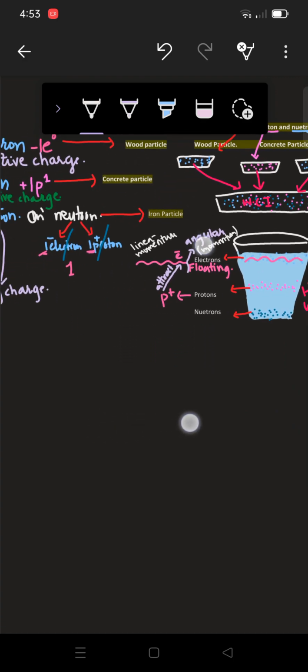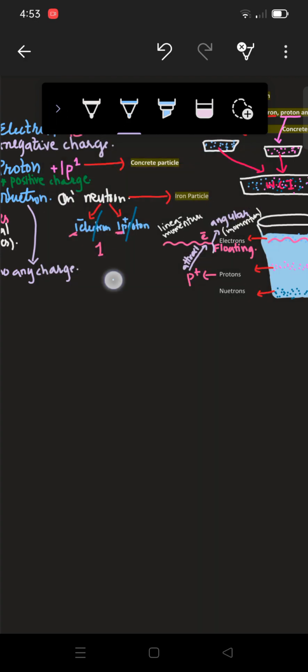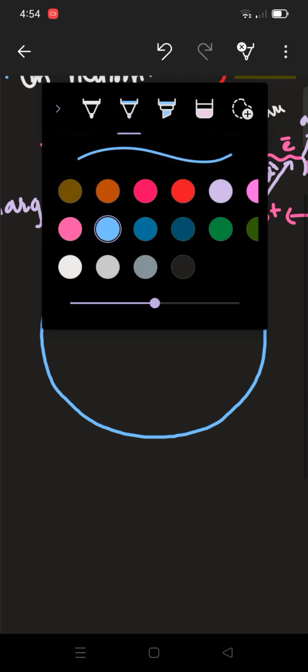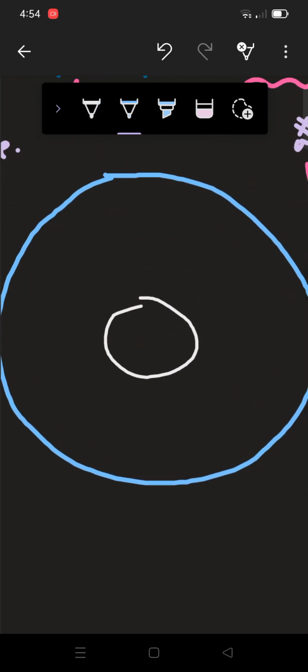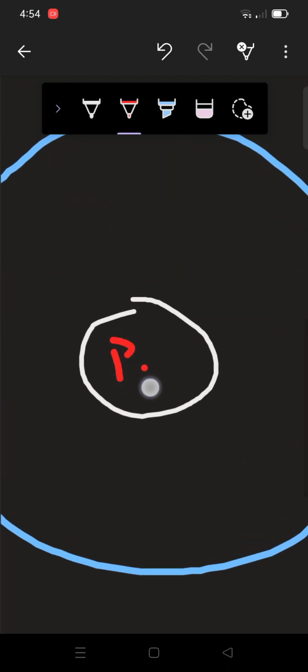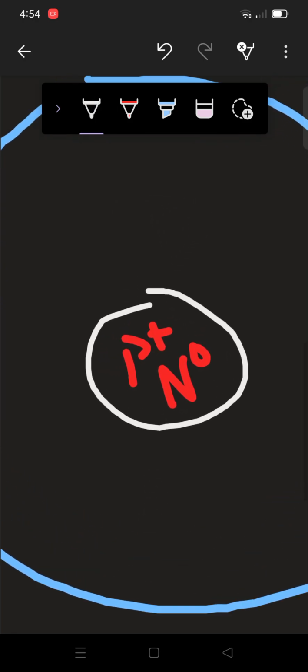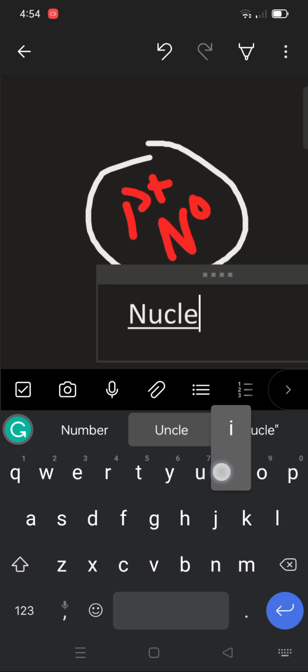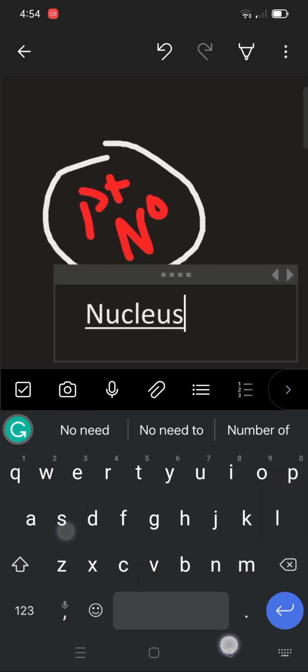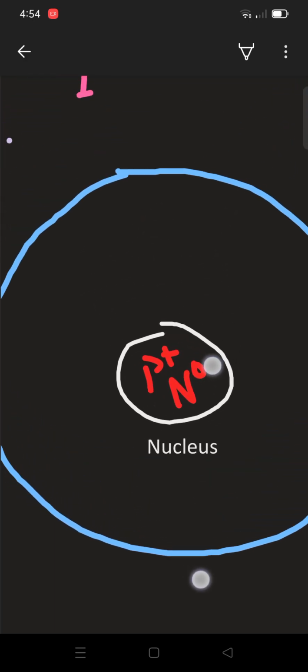So now let's make the shape of the atom. Here we have a circle. And here we have the nucleus. We know that proton as well as neutron will be in the center of the circle, which is basically the nucleus.